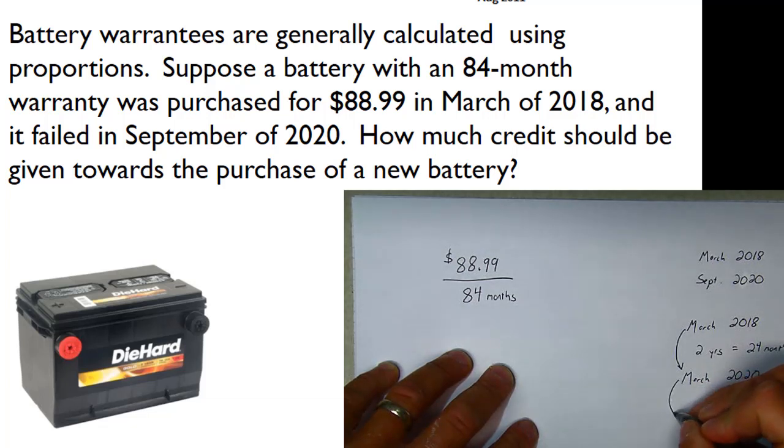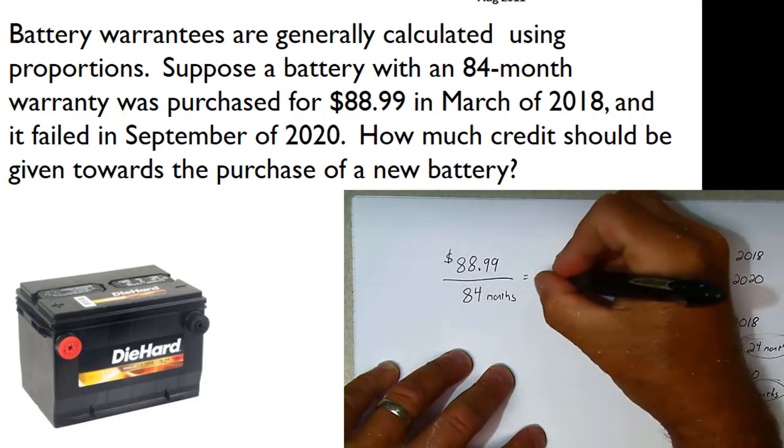But then from March of 2020 until the time it died, which is September of 2020, well, March is the 3rd month, September is the 9th month, that's another 6 months. And so we can conclude this battery lasted 30 months. 2 years, 6 months is 24 plus 6, 30 months old.